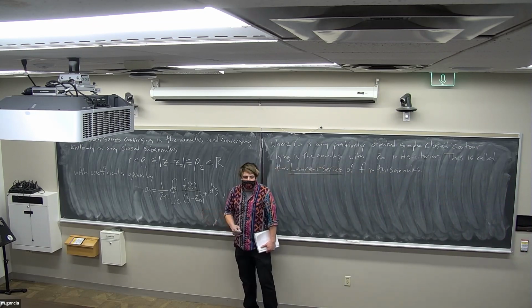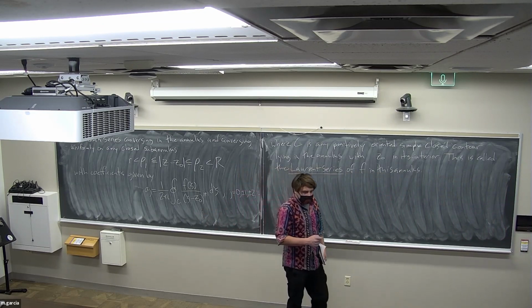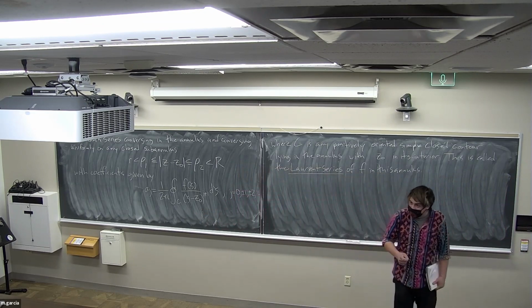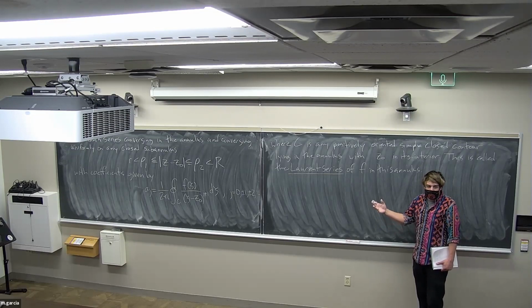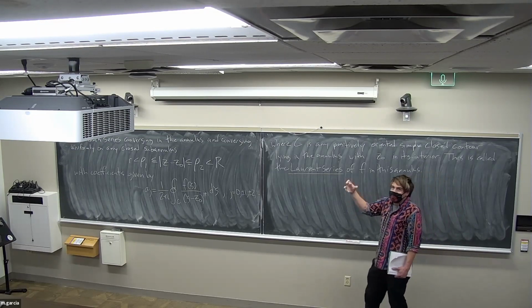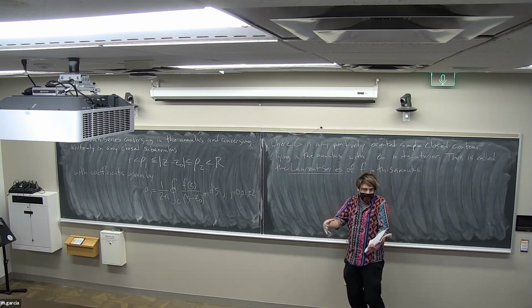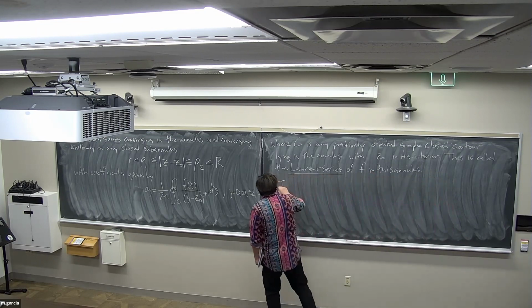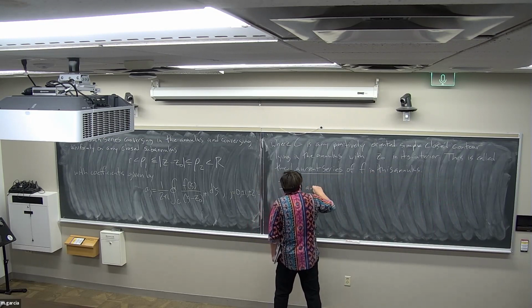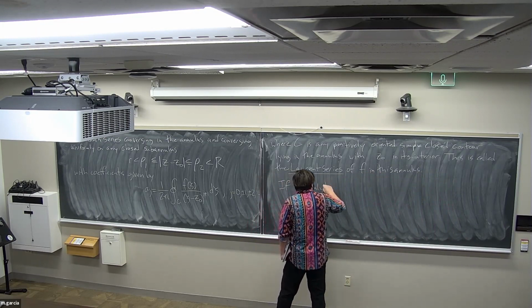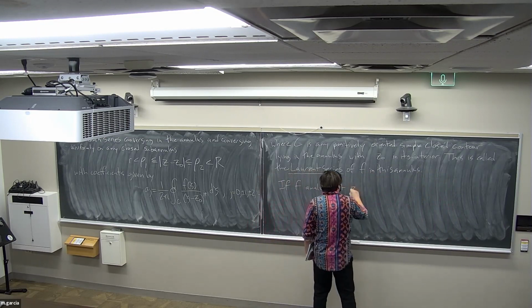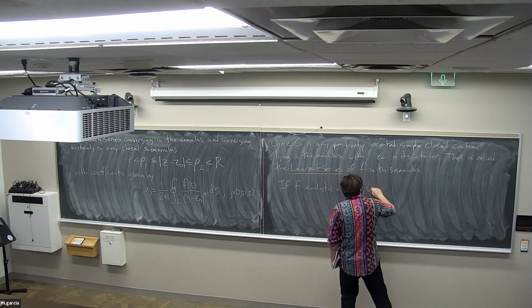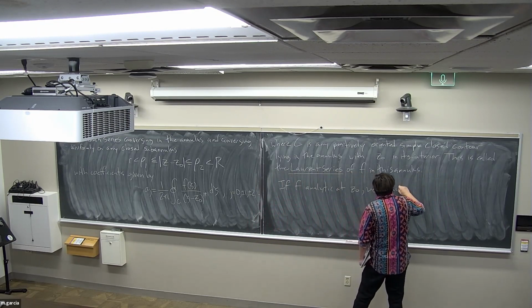Are all the a sub j for negative integer j zero? Yeah, exactly. If I'm analytic, then this reduces to the Taylor expansion. Let's say that: F analytic at z naught, you reduce to the Taylor series.